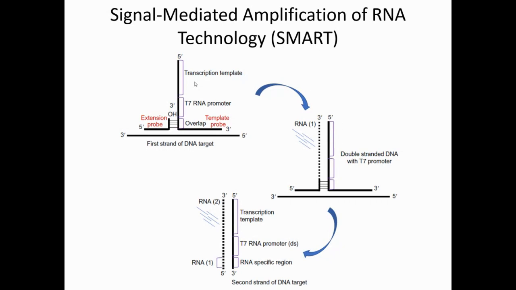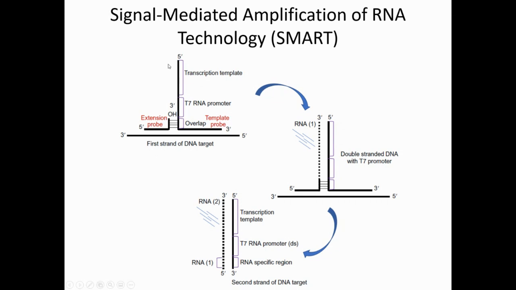So after the formation of the three-way junction, for the SMART technology you have a specific DNA polymerase. It's called Bst DNA polymerase. So the Bst DNA polymerase can extend this after they form the three-way junction, 5', 3', 5', 3', and T7 promoter. So they can extend this, and you have this template here.